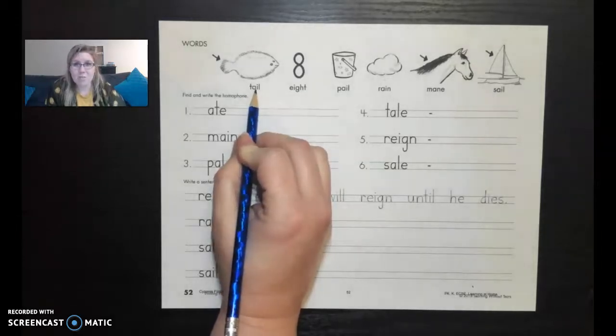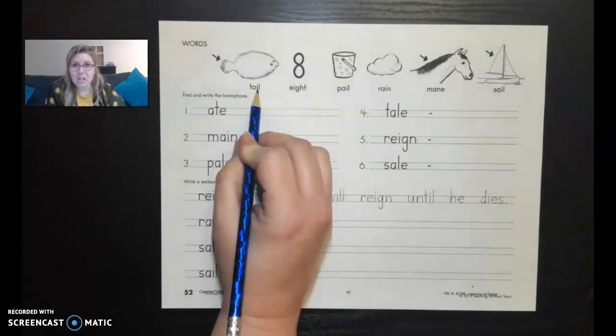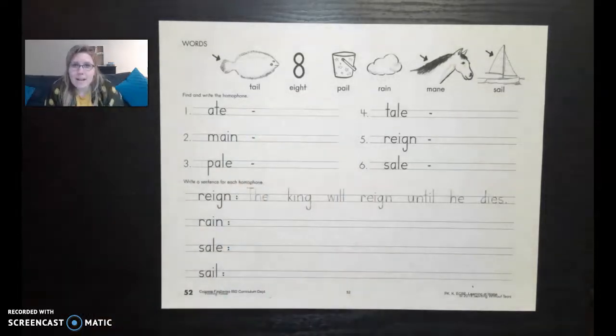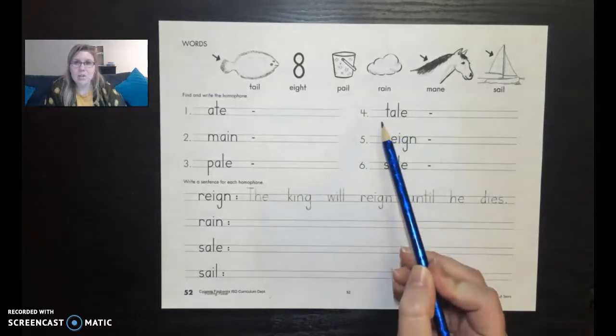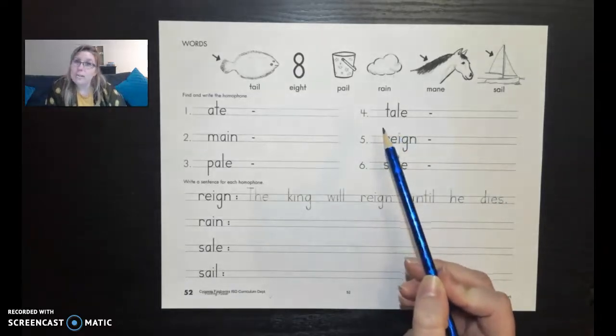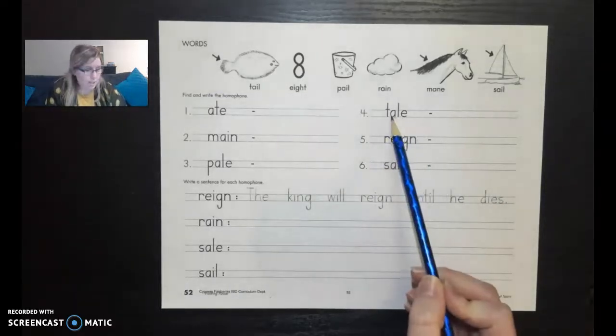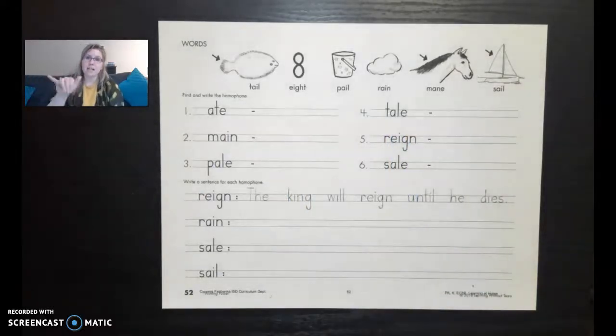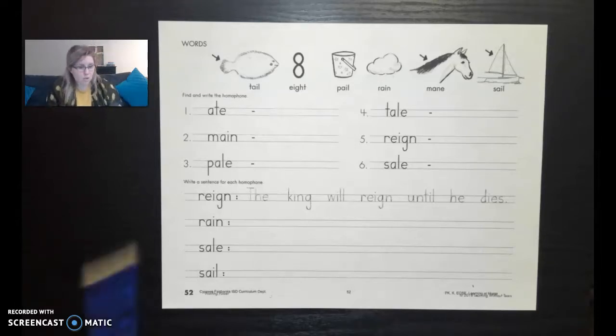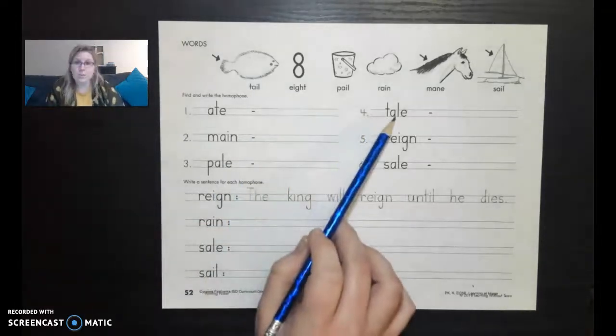But there's another word that says tail, but it doesn't mean the backside of an animal. T-A-L-E is like when you're telling a story or a tale. So tail and tale are homophones because they have the same sound, but they use different letters and they mean different things. So we know that these 2 are going to go together.